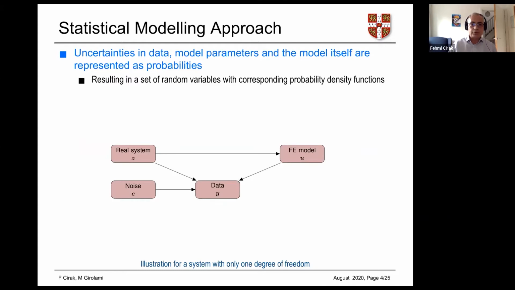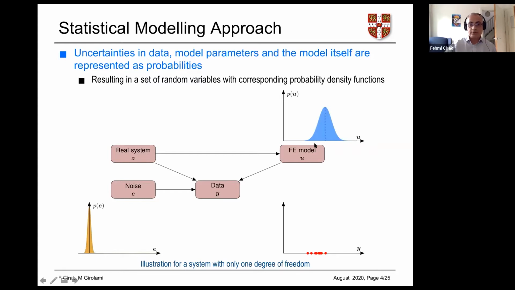In order to take into account these uncertainties in the data, model parameters, and the model itself, we use a statistical modeling approach. In the statistical approach, any uncertainty is represented as a probability. What this means in practice is that we end up with a set of random variables, and each random variable has a corresponding probability density function. This is just a cartoon example for a system with only one degree of freedom.